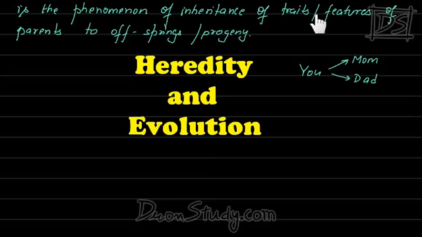See, traits and features are same words. I mean, these are different words having the same meaning. Offsprings mean children. Progeny also means children. So we can define heredity as the phenomena of inheritance of features or traits of parents to offsprings or progeny. When children are born with features resembling that of their parents, then that phenomena is called heredity.